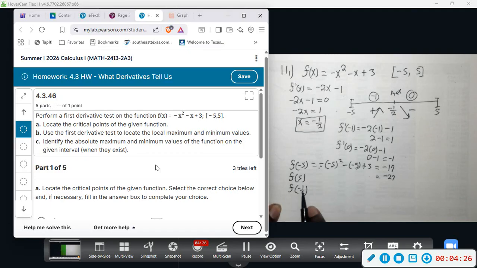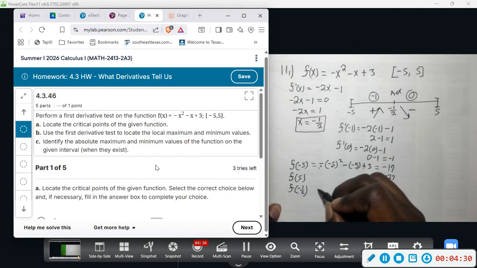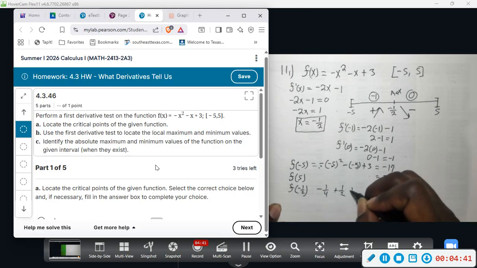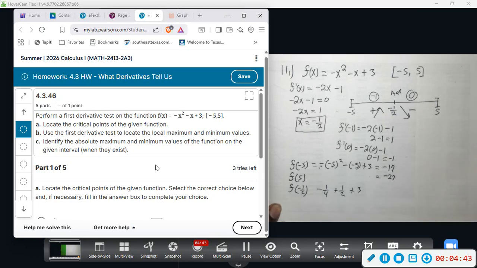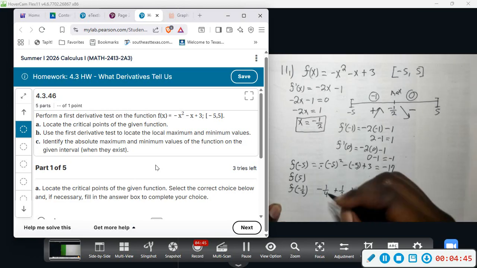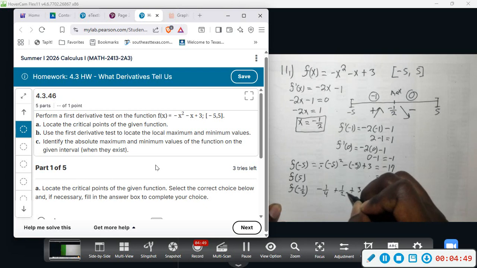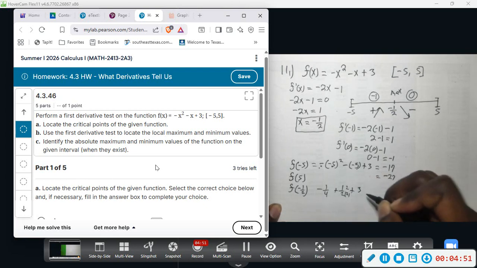And then if we plug in negative 1/2, that'll give us 1/4. So we'll get a negative 1/4. Negative will be plus 1/2. And then plus 3. Common denominator would be 4. So times 2 and 2.